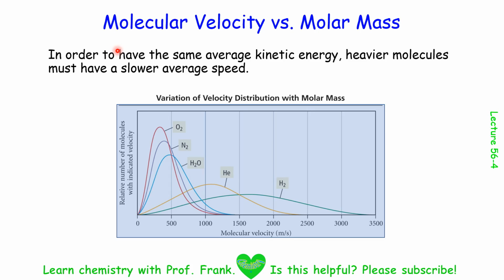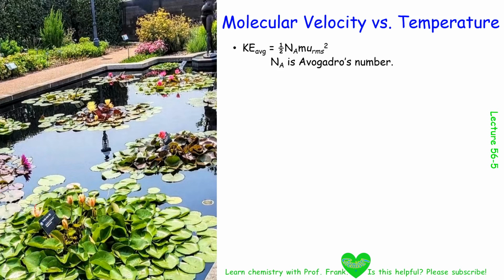In order to have the same average kinetic energy, if that's the same, then the heavier molecules must have a smaller average speed.